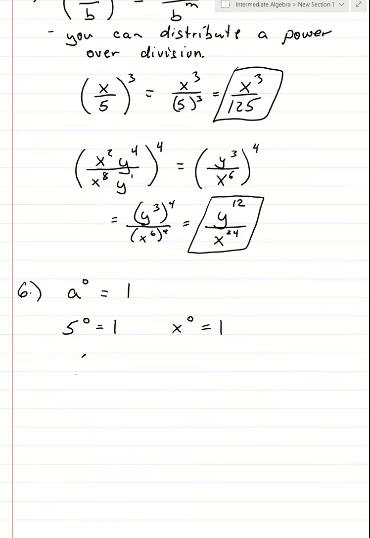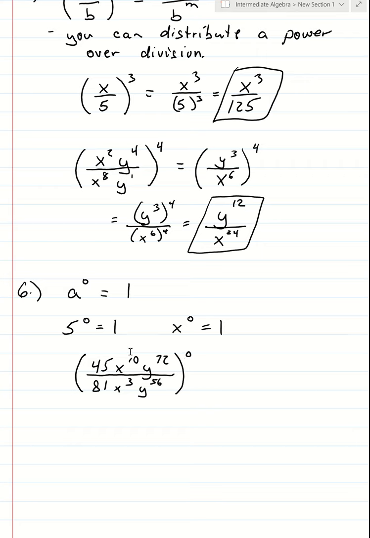If I have, let's say, 45 x to the 10th, y to the 72nd, over 81 x to the 3rd, y to the 56th, and that whole thing is raised to the 0 power, don't drive yourself crazy, okay?